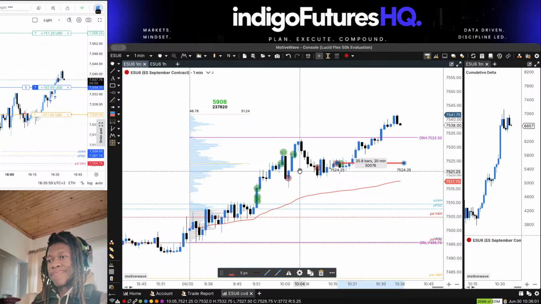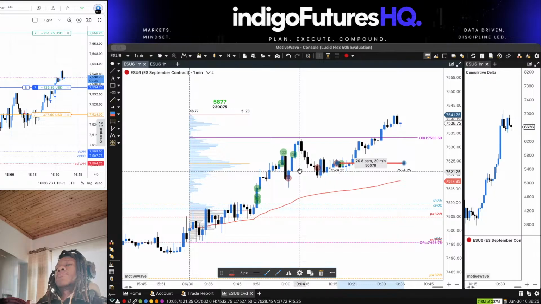So it would be a big son of a bitch if it does rotate here. Delta's gone back into the 5,000s.